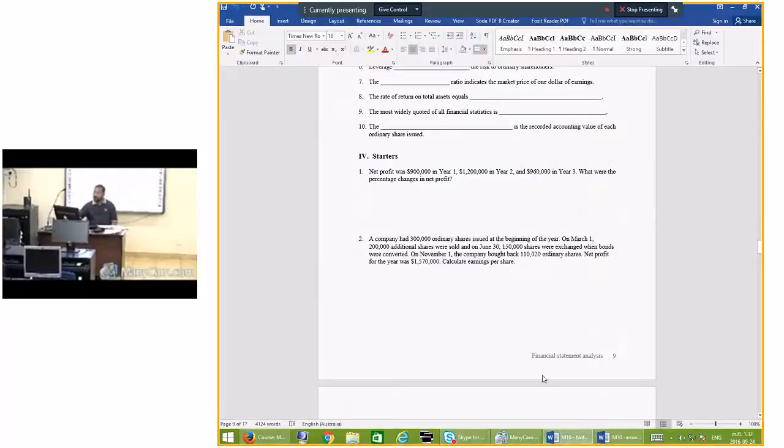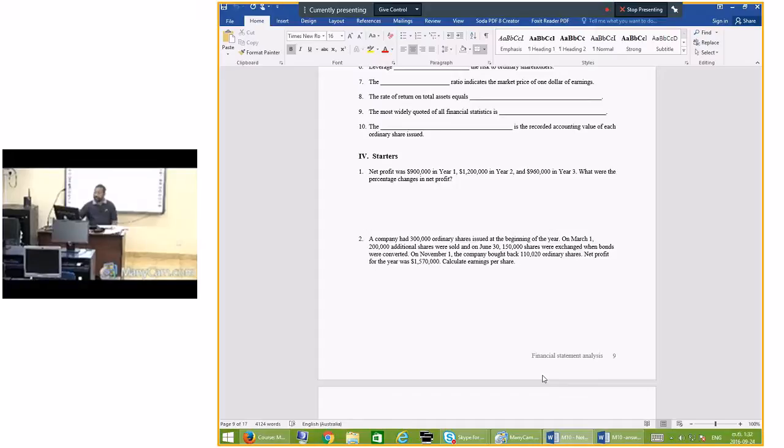Okay, we'll take the first one. Net profit was 900,000 in year 1 and 1,200,000 in year 2. Year 1's 900,000 increased by 300,000. Therefore the percentage of increase is 300 divided by 900, which is 33 1/3%.